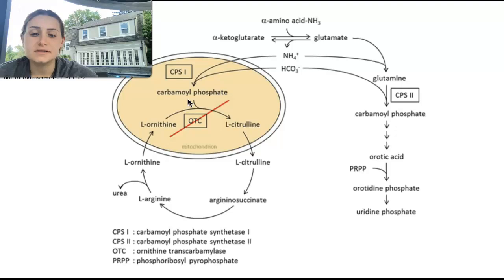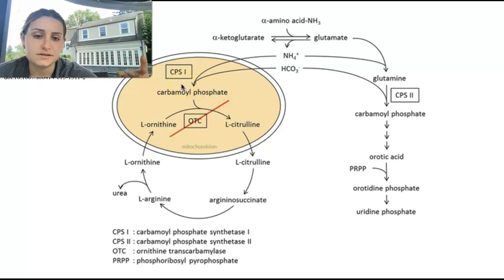And I would say the enzyme that's least likely to be impaired is probably carbamyl phosphate synthetase 1, or CPS1, because it is responsible for the formation of carbamyl phosphate.